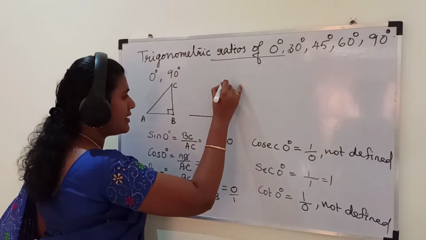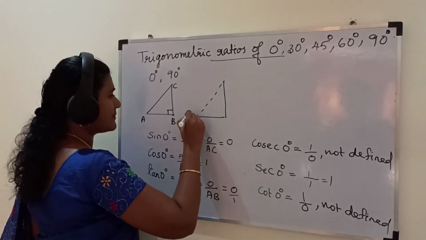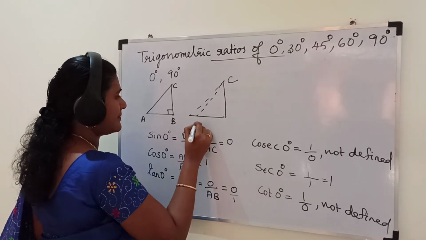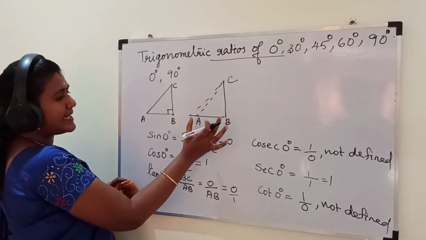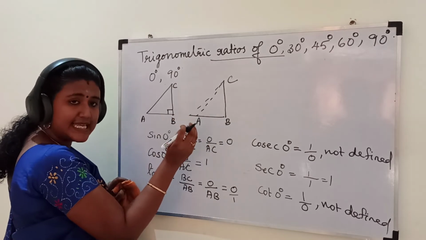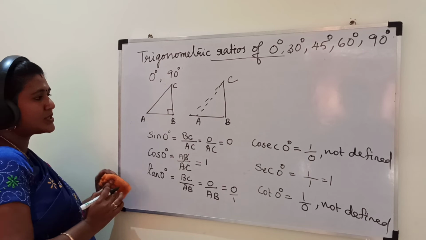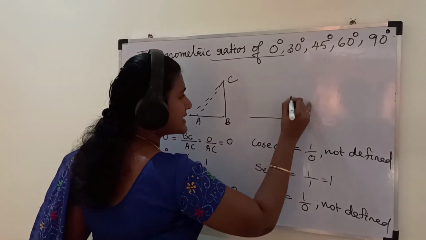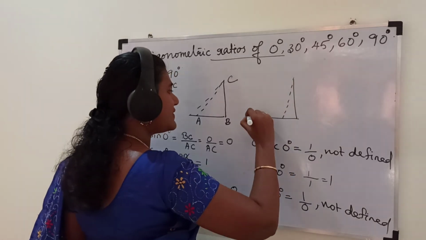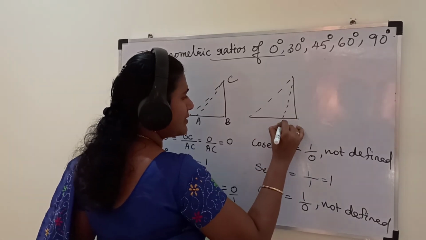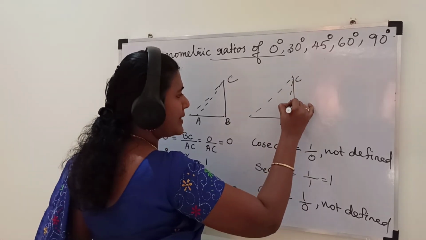If A gets larger and larger, it will go very close to B. That is, the side BC decreases and A approaches B. Finally, suppose A is very close to B, then A will become 90 degree.